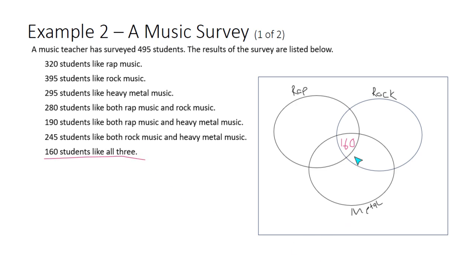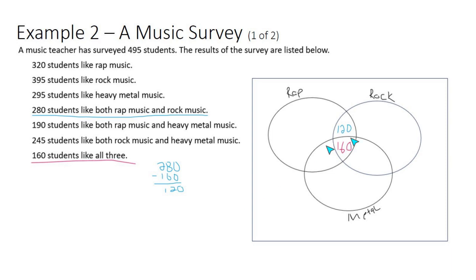Then we're going to look at the intersection of 2 of these types of music. Okay, so let's look at the first one here. 280 students like both rap music and rock music. So if we focus on the rap and the rock circles, let me just highlight it here with a different color. The intersection of rap and rock is this entire region here that I'm highlighting in a green color, okay?